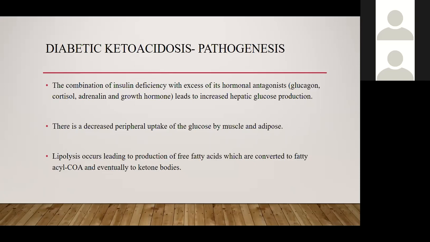So it goes to the fat stores to generate energy, and in so doing, it breaks down these lipids into fatty acids and glycerol. And these fatty acids can then be converted through a process where you make fatty acyl-CoA, and eventually you end up making ketone bodies. So that's basically the pathophysiology.